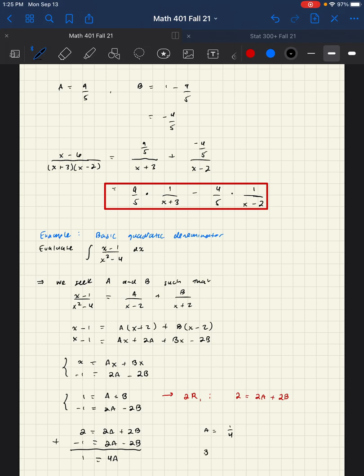And if 1 equals A plus B, then that means B is 3/4. If you're not comfortable following that logic, with skipping those steps, then you're welcome to go ahead and plug that into either one of the original equations that we have. All right, so that's using elimination.